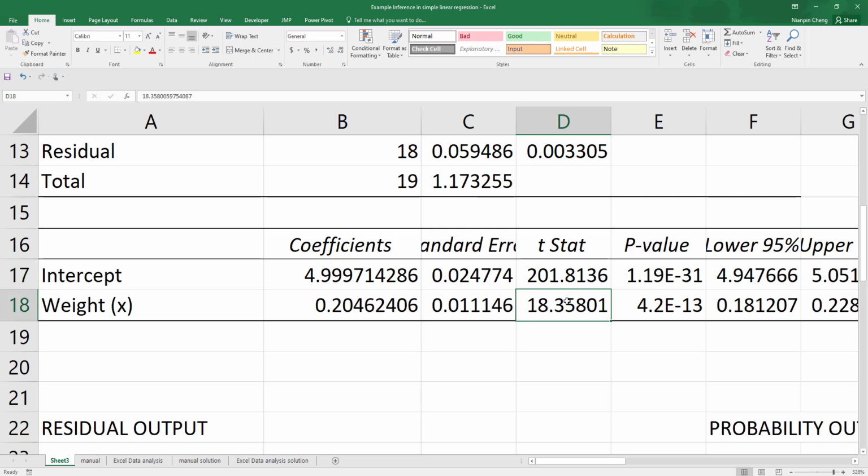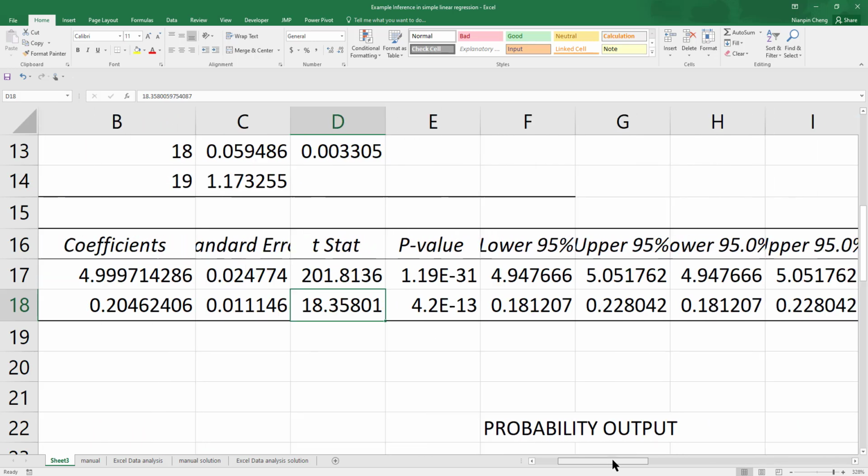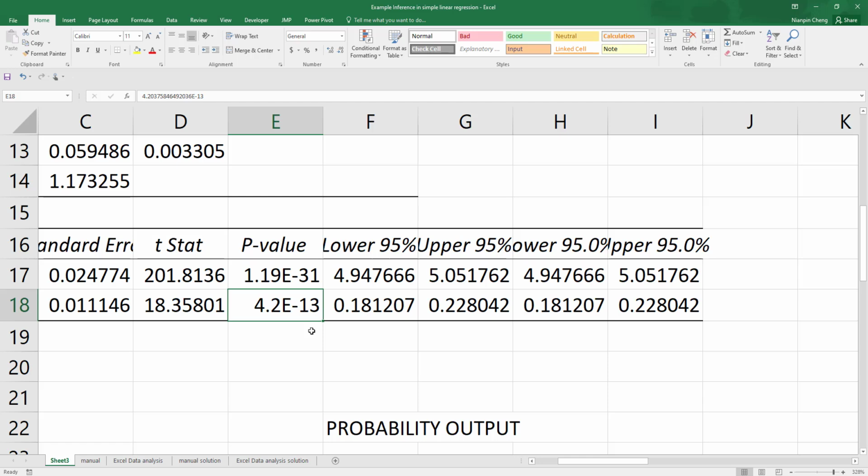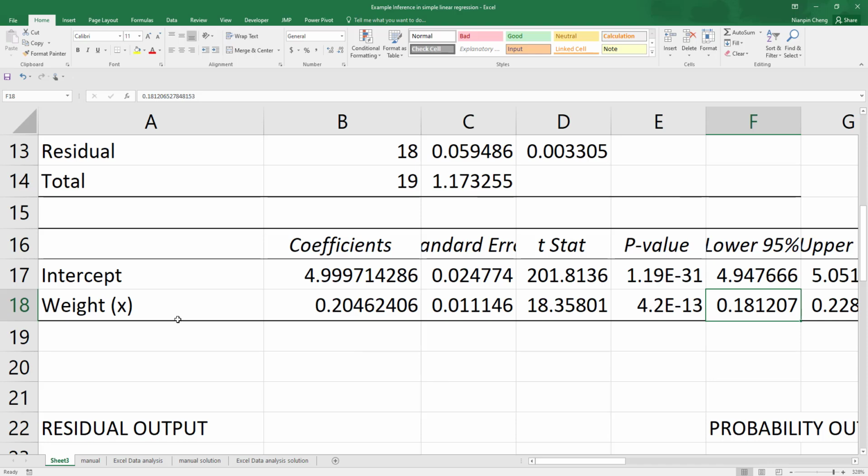We are more interested in whether there is a slope or not. So this is the t statistic. This is the p-value. Based on the p-value being very small, almost 0, that means there is a linear relationship. And then we calculate the confidence interval for the slope.